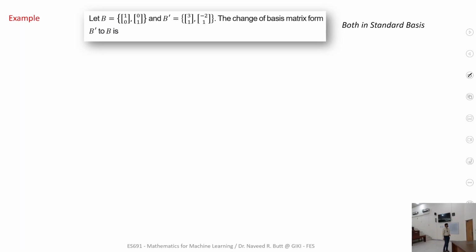So we want to find the change of basis matrix from B prime to B. Shortcut याद हुआ अभी तक या नहीं? Basis of the source written in terms of basis of the destination.